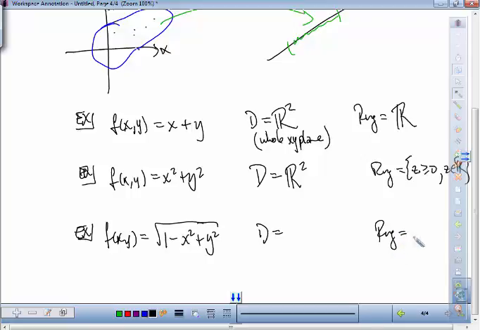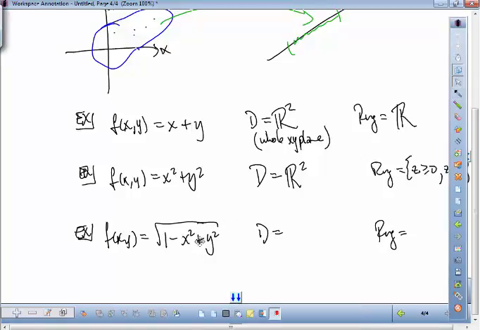So, I have the square root of 1 minus x squared minus y squared. What do you think the domain's going to be? x squared plus y squared is less than or equal to 1. All right. You guys get that?